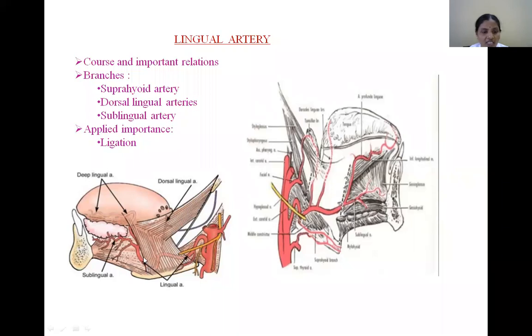Then after reaching the anterior border of the same muscle, it ascends along the anterior border of the hyoglossus. That is the third part, otherwise called the profunda, a deep branch, meaning it lies deep to the tongue. So this part of the lingual artery is otherwise called arteria profunda linguae.